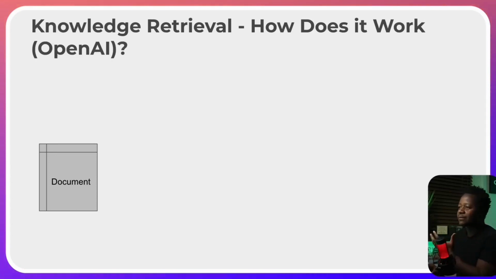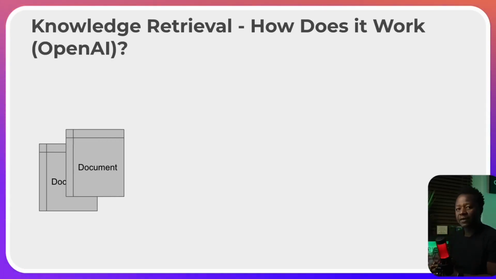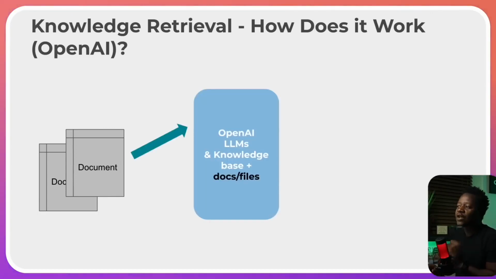The way it works is very simple. If you look at this, we have documents. A document could be whatever we upload. In this case, let's think of it as just a PDF file. What happens now is that we upload that to the OpenAI large language model, which has this massive knowledge base.